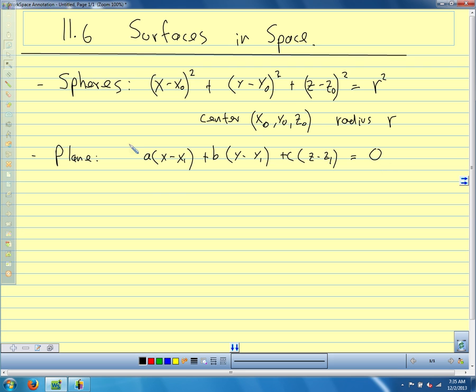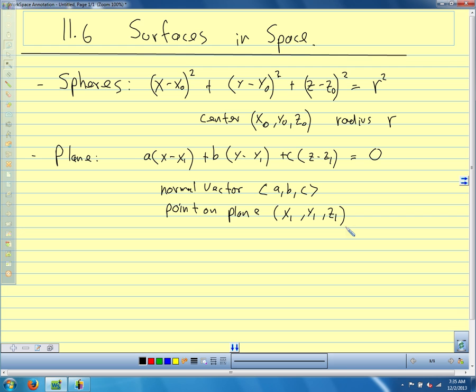Our normal vector is the vector <A, B, C>, and our point on the plane is (x1, y1, z1). I guess we could have used x0, y0, z0 also. So that's the second kind of surface that we've talked about. We're working on getting some familiarity with planes.